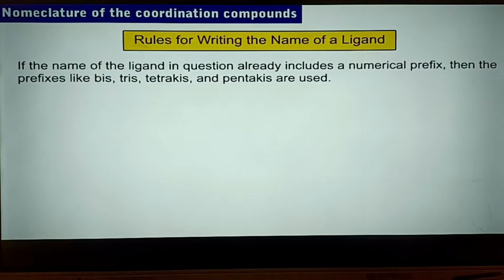However, if the name of the ligand in question already includes a numerical prefix, then the prefixes like bis, tris, tetrakis, and pentakis are used.